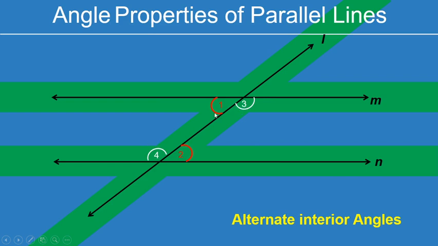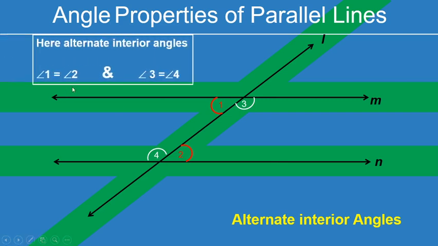Both the pairs should be inside the parallel lines. So what we have observed here is, if the two lines are parallel, as in this case M and N are parallel to each other, then alternate interior angle 1 equals angle 2 and angle 3 equals angle 4.